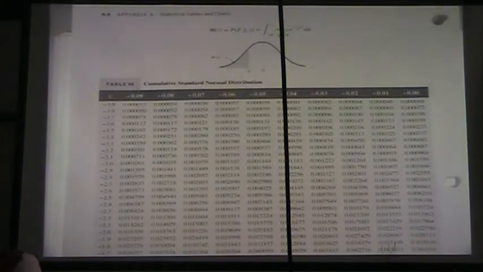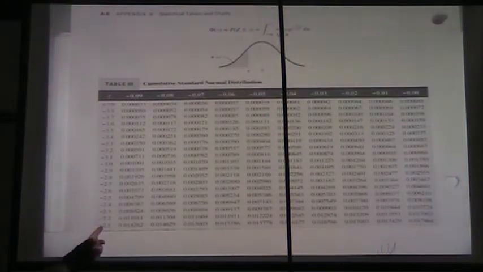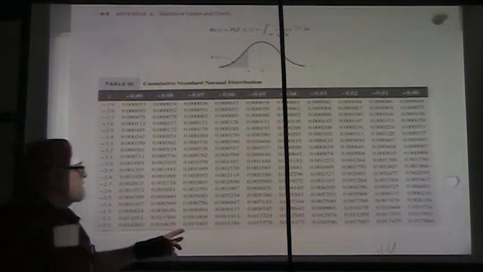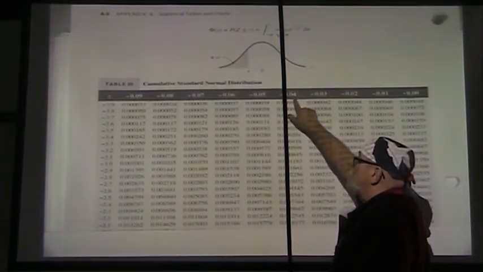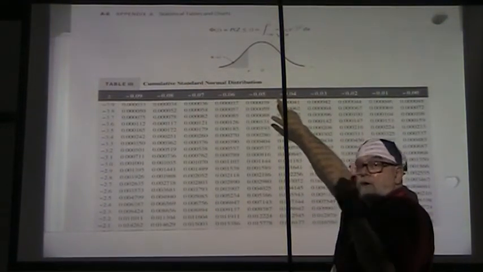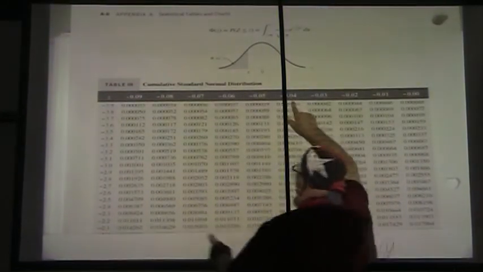All right, so I am going to put this where I know my negative 2.1 row is. I'm coming over here and putting that down. So that's my negative 2.1, and it just goes down that row. Then I'm going to look and say, this is the negative 0.04, because we know to get that negative 2.14, we have to add this number and this number, right?